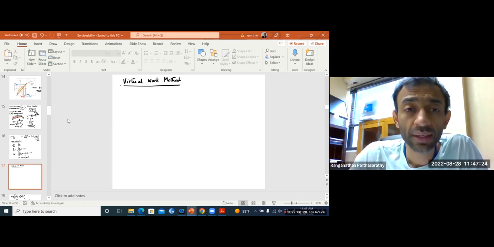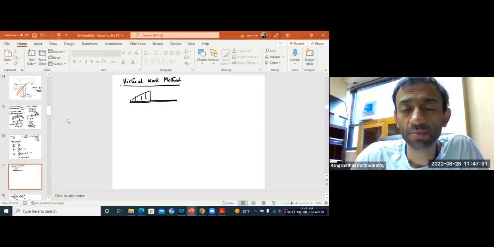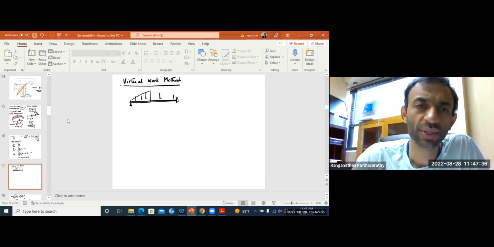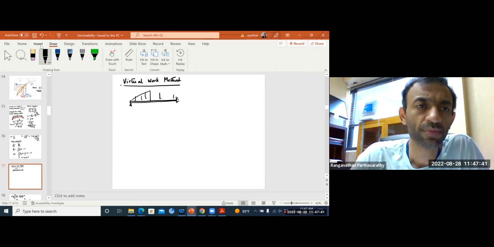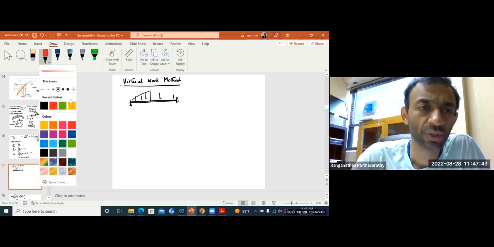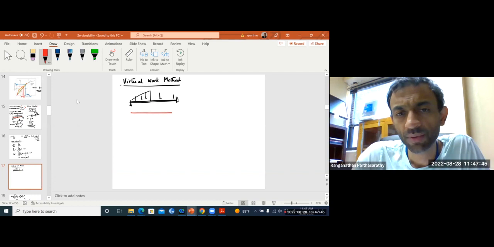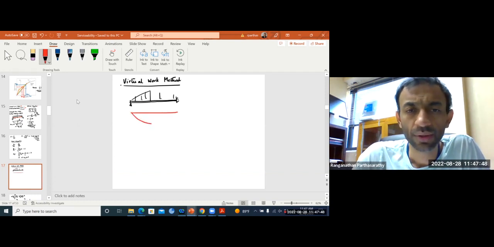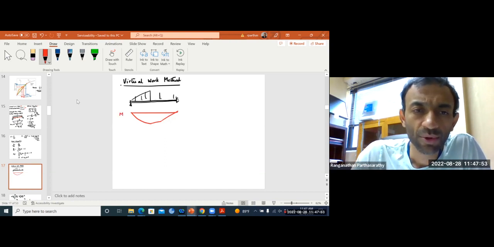Let's say you have your beam, and whatever type of loading you may have on the beam, let's say simply supported or whatever. So this is your real moment diagram, let's say something like that, okay? So your real moment diagram divided by EI, this will be your curvature diagram.